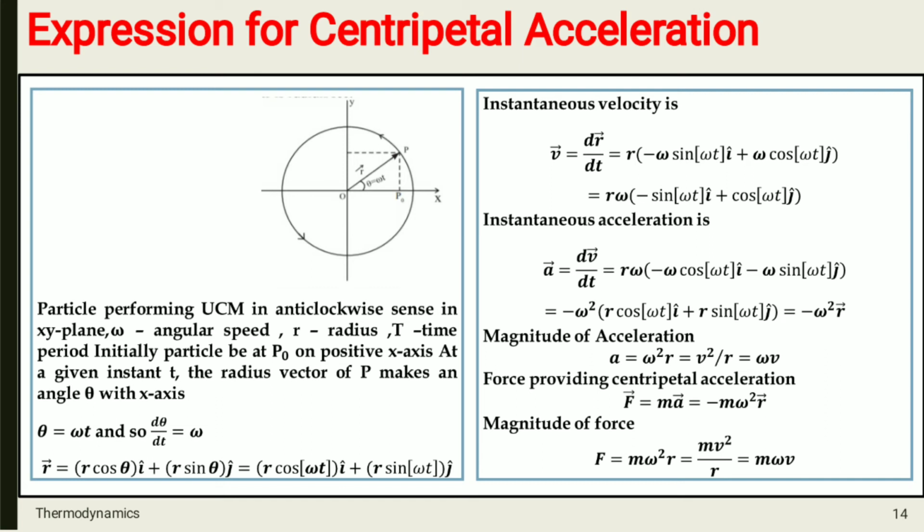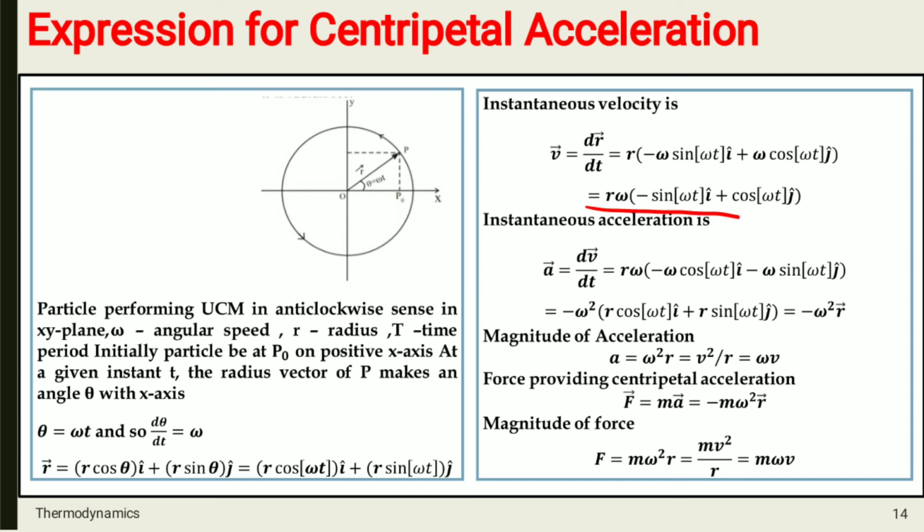Now with the help of this equation you can find the instantaneous acceleration, that is a bar = dv bar by dt. Again you have to take the derivative of the above equation, which is r omega[-sin omega t i cap + cos omega t j cap].